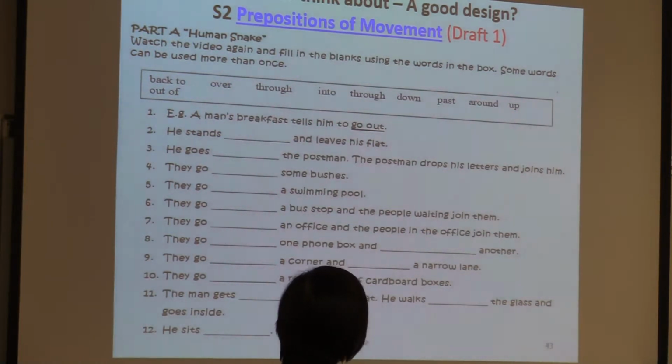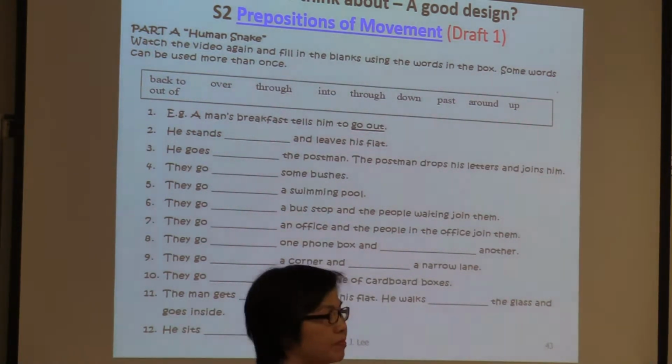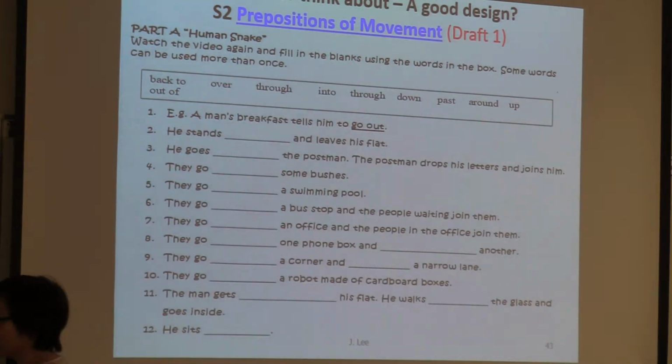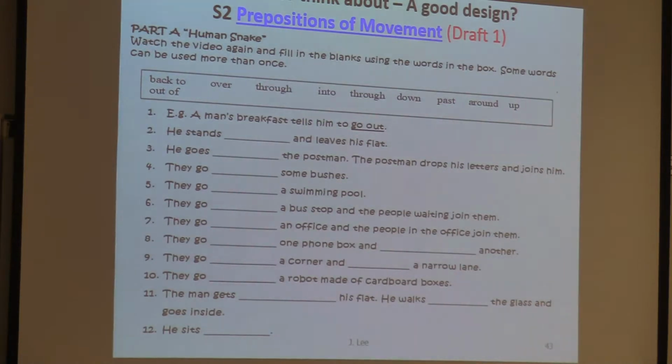Some words can be used more than once. She showed the students a video. So you see, very often teachers say, oh, if we use videos, multimedia resources, that would make a good lesson. But your choice is important. So let's see what this choice is.